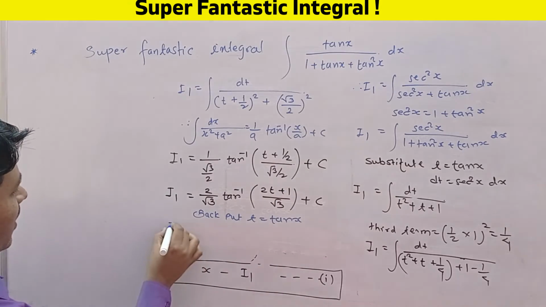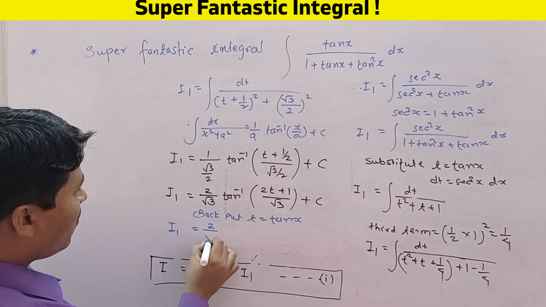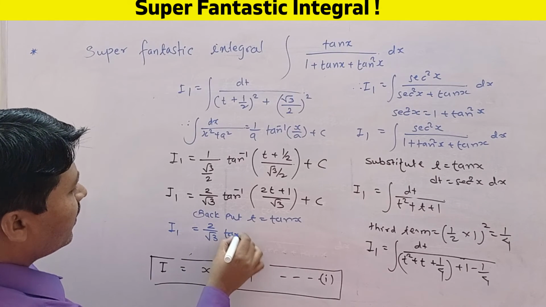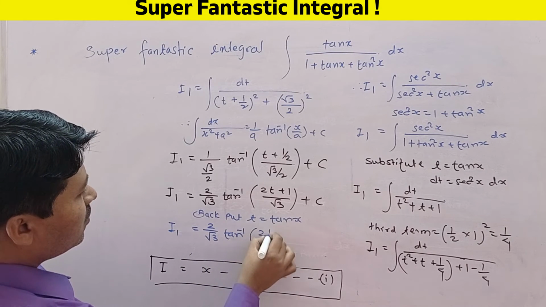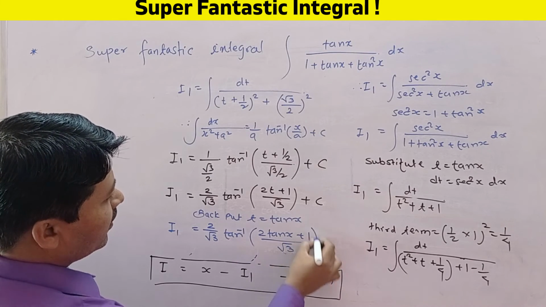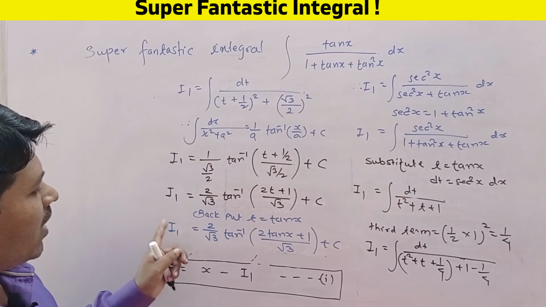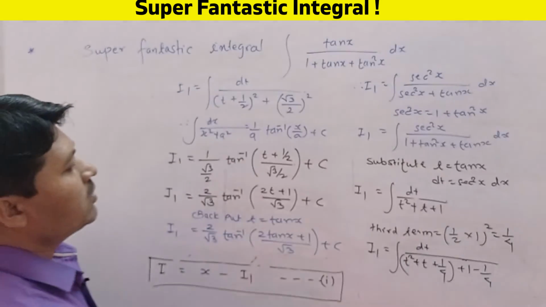Therefore I1 becomes 2 upon root 3 tan inverse of 2 times tan x plus 1 divided by root 3, plus c. Now we put this value of I1 in equation 1.